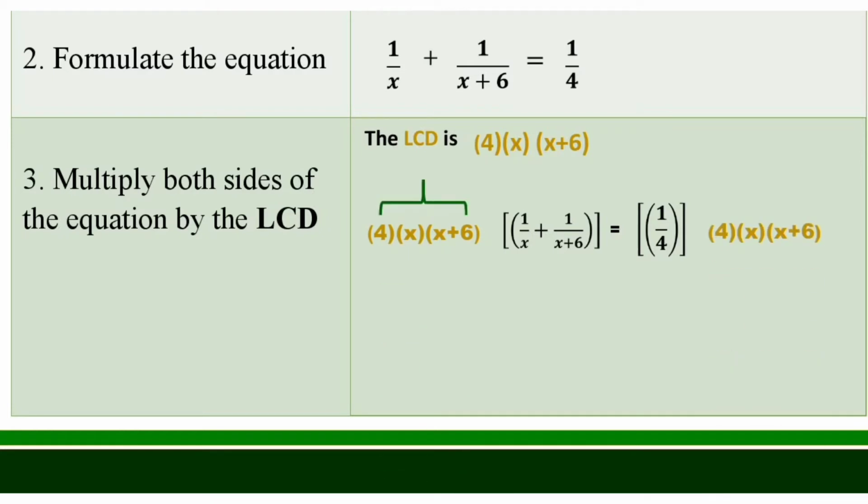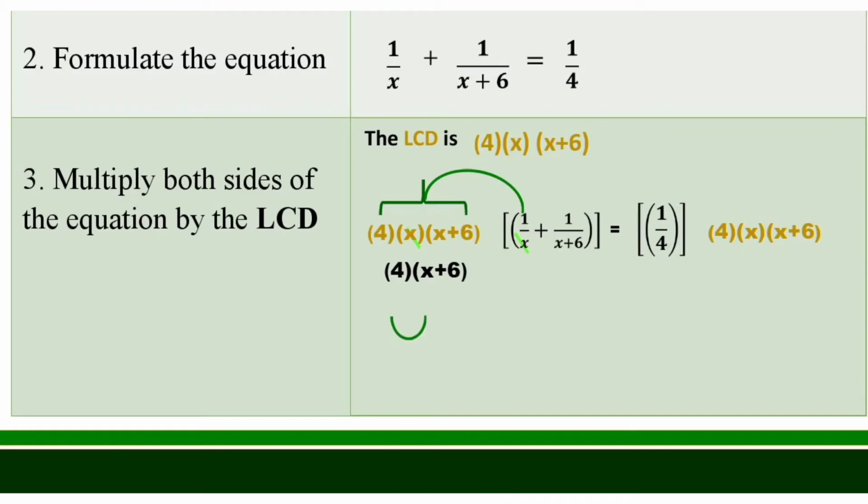Now, what we are going to do first is get the product of the LCD times the binomial. So again, class, we are going to apply the distributive property of multiplication. So, LCD times 1 over x. First, we can cancel x. From that, the remaining is 4 times x plus 6.